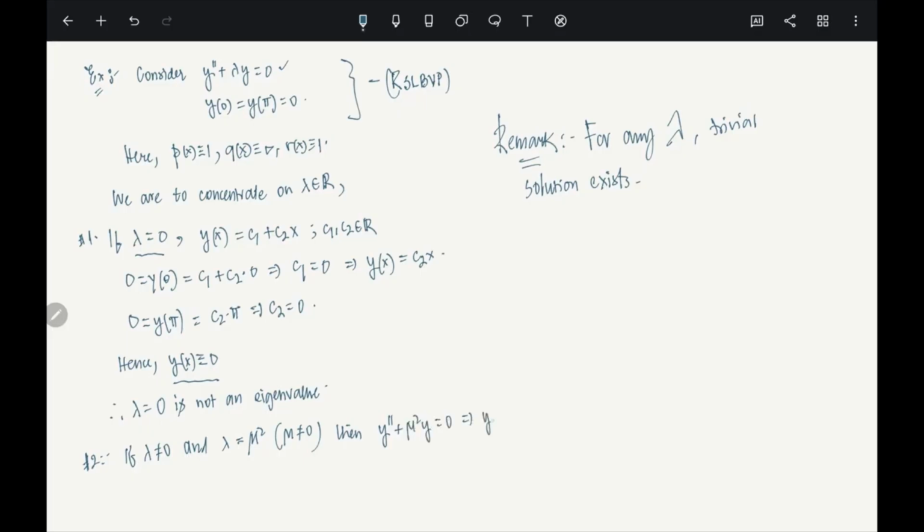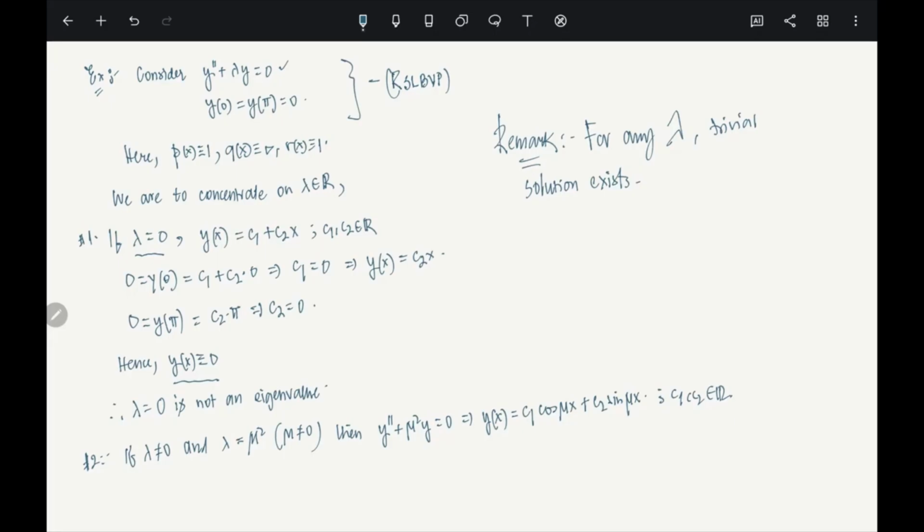That will imply y of x equals c1 times cosine mu x plus c2 times sine mu x. That's what the solution is. Now c1 and c2 are of course in R. It is given.